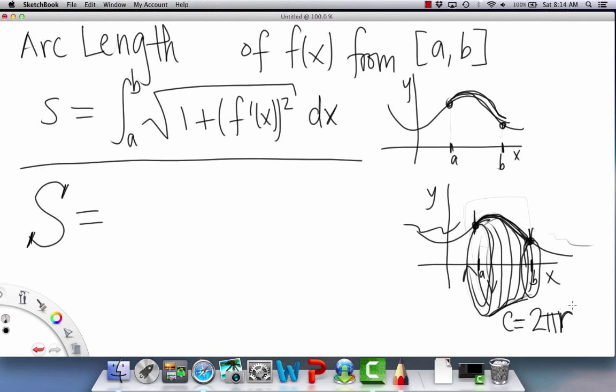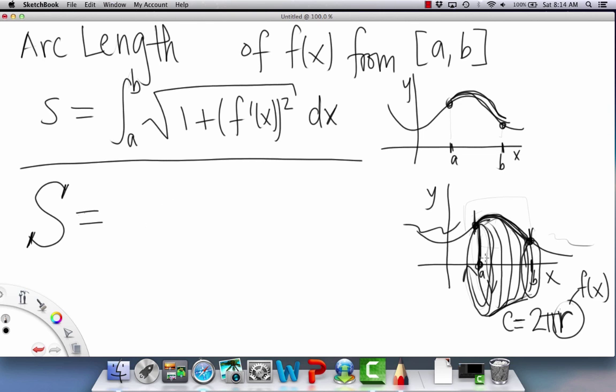And then our r in this case, the distance from the center of the circle, which is the x-axis, to the outer edge, is actually going to be our function, right? This is our f of x, or our y. So r is f of x in this case. And then, so that was just for one circle, right? But we want to integrate, we want to add up all of the circumferences, is that a word? Circumferences of all of the circles from this interval from A to B.